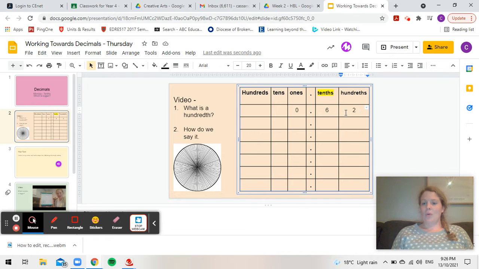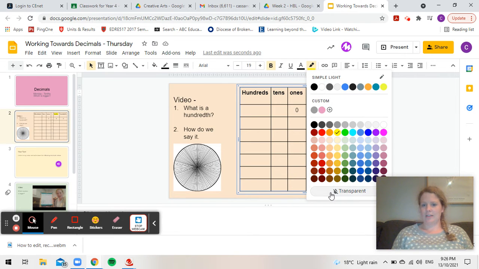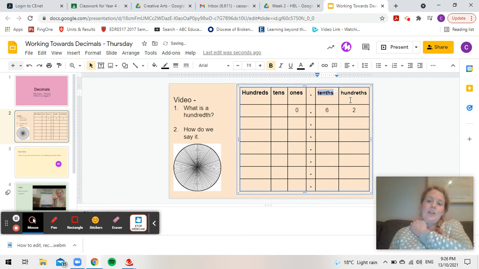Okay, so we know it's hundredths, and I'm going to just take this out of being highlighted so it doesn't confuse us. So we know that if there are two numbers here, we read it as hundredths as the last number. If I didn't have a number here, then because 6 is my last number, I would read it as tenths.